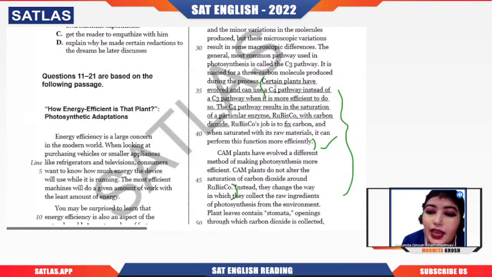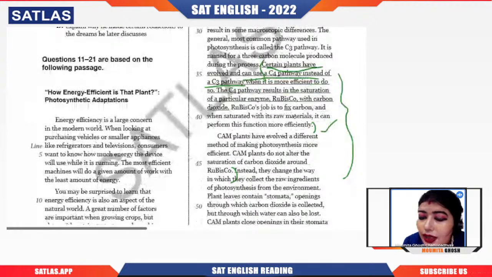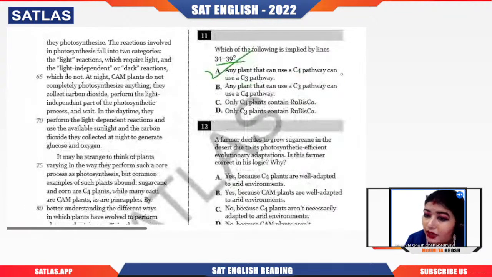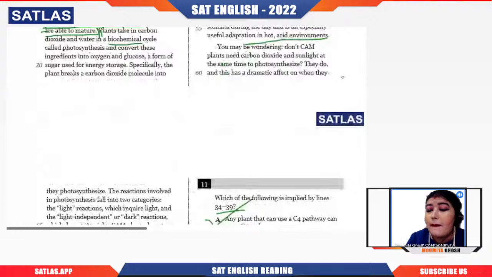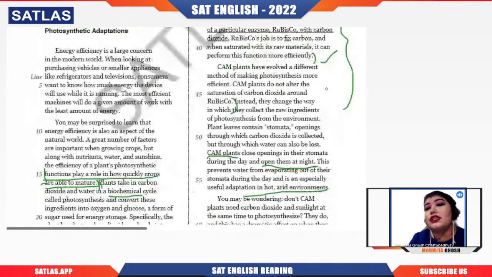So what they have told is that certain plants have evolved and can use a C4 pathway instead of a C3 pathway. So that means that any plant that can use a C4 pathway can also use a C3 pathway. But any plant which can use a C3 pathway cannot use a C4 pathway.